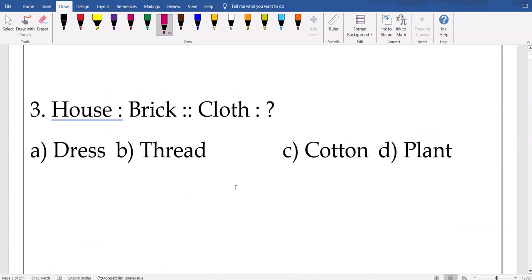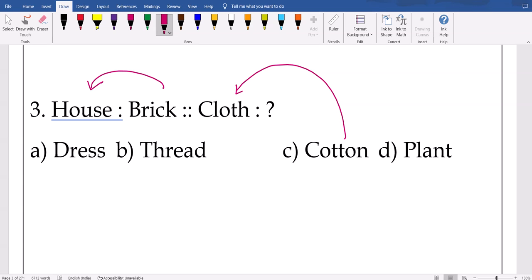Now here, bricks are required to construct a house. For this one, cotton or thread. From cotton, threads, then cloth. The basic is cotton, from cotton, cloth. Do you again go for plant? Yeah, people will go for it, but the basic thing here, the best suitable, is cotton only.